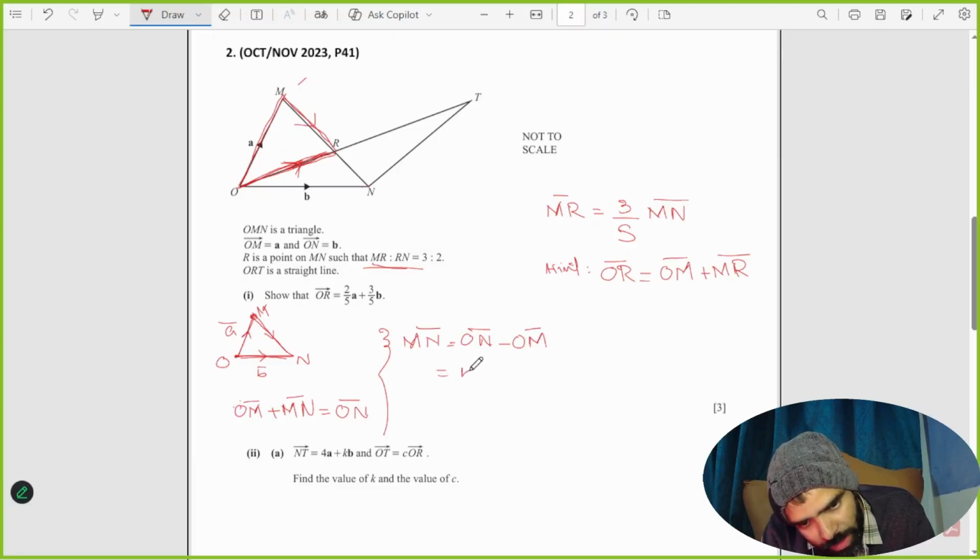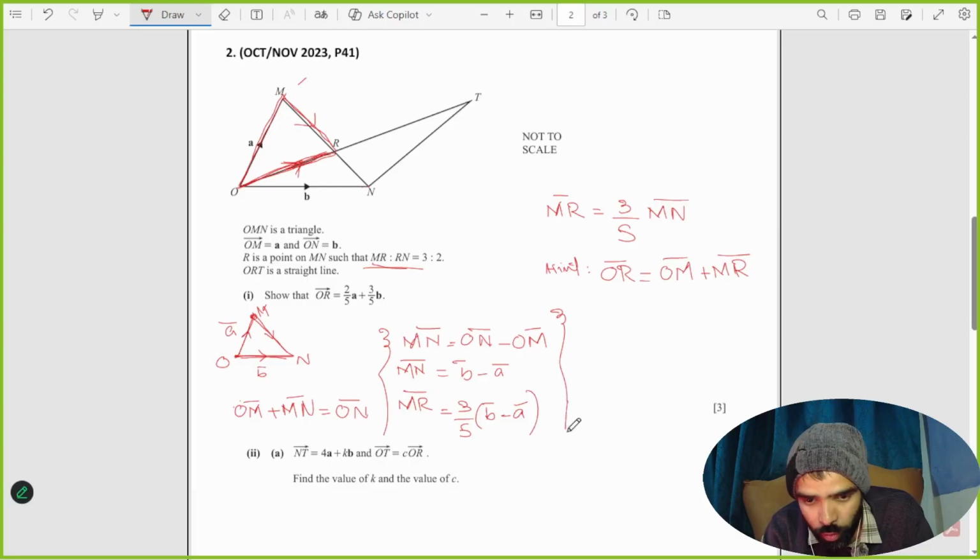ON is b, OM is a, so MN is b minus a, correct? Can we find MR now? Yes. MR is 3 by 5 of MN, so it will be equal to 3 by 5 of b minus a. Now can we find OR and show that this would be equal to this?